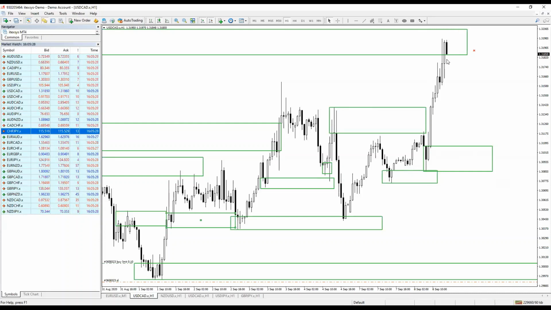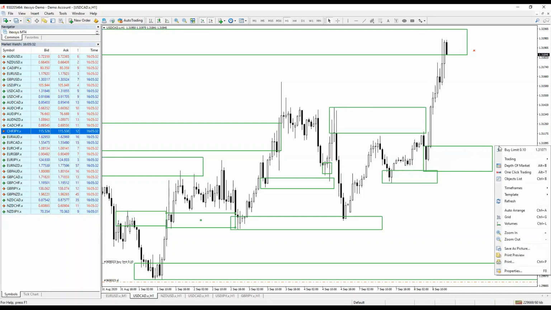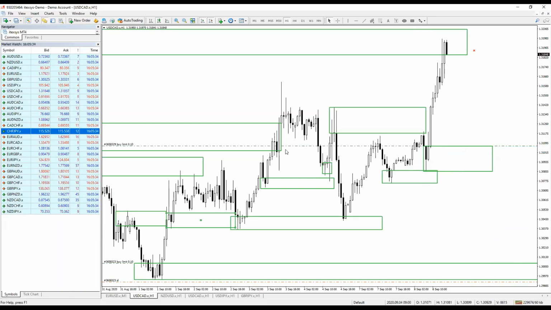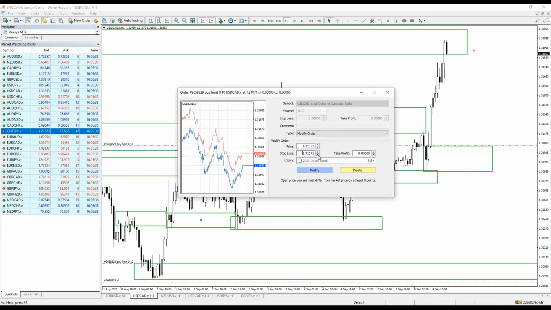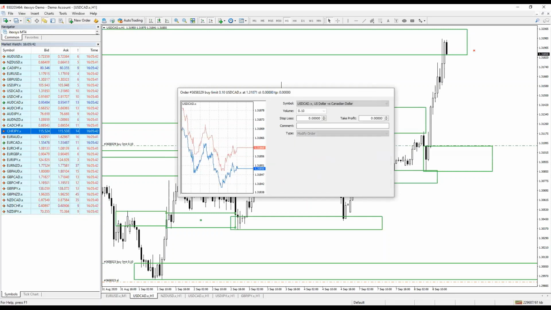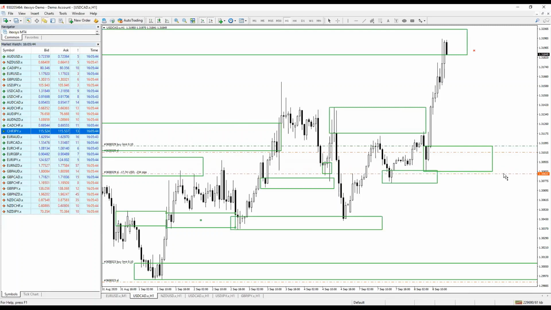When price will reach back in here, in this demand, we would theoretically want to buy here. I'm saying theoretically because risk-wise, it's not the greatest idea because it's in the middle of the range. But for the sake of education, this would be our trade.